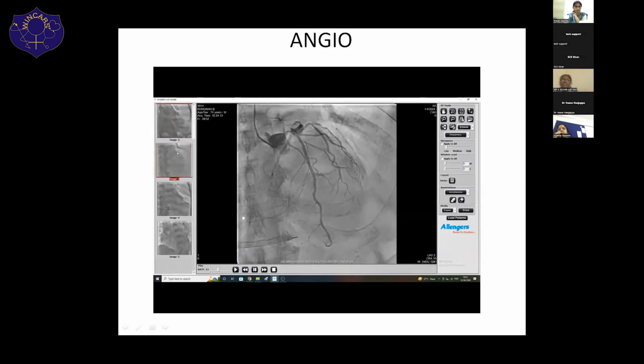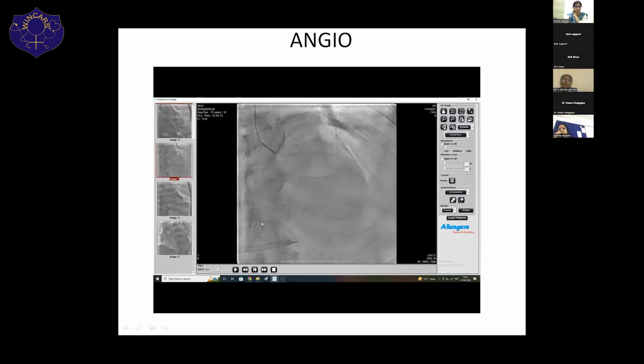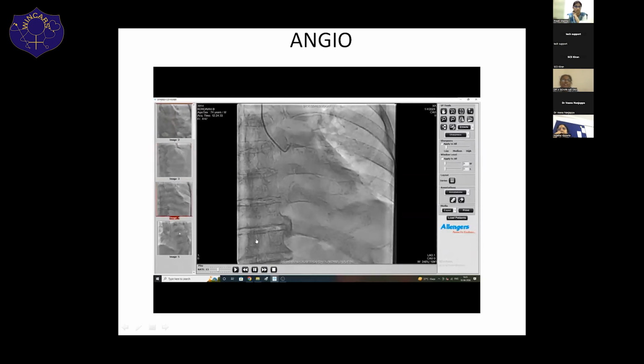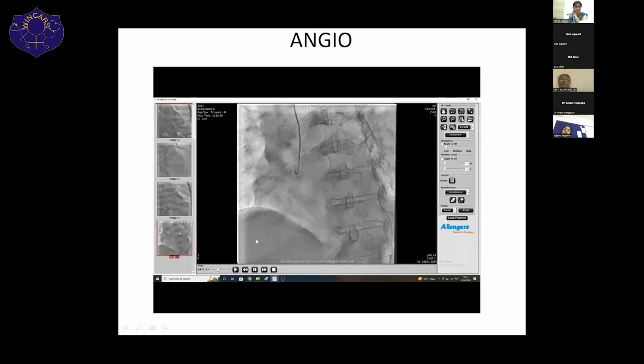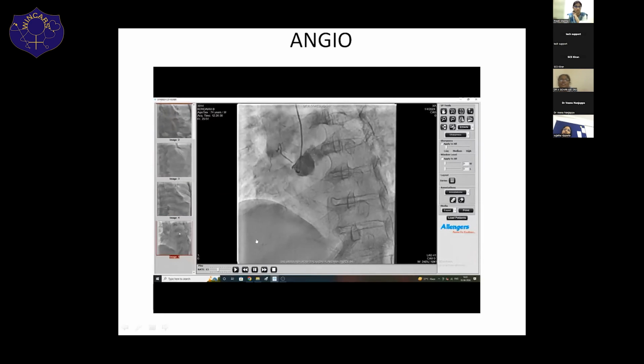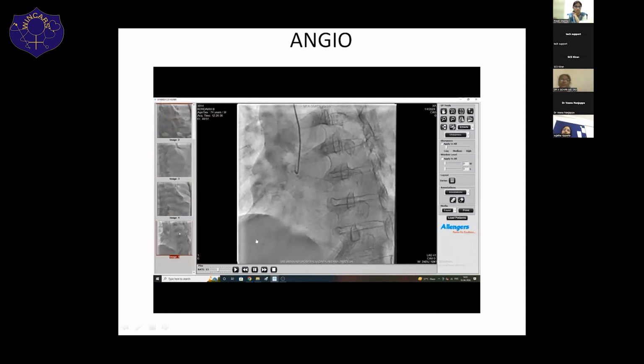The RCA, when we see it, is very small. So this is the RCA. Hardly is there any RCA in this patient.